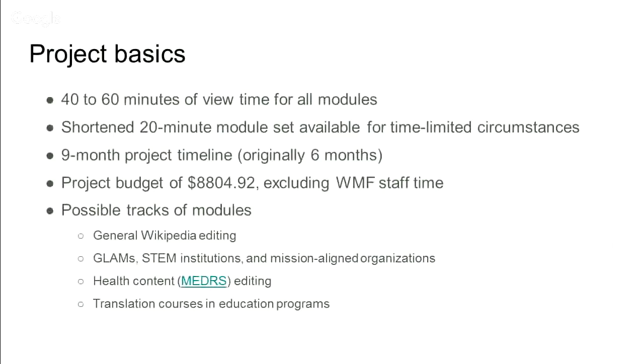As many people know, there are some special guidelines that apply on English Wikipedia for those who are editing health-related content. And also there might be a special track for those working in translation courses and education programs. I think, as some people may know, there is a fairly large amount of translation going on in the Arabic Wikipedia education program, so we want to address that opportunity.